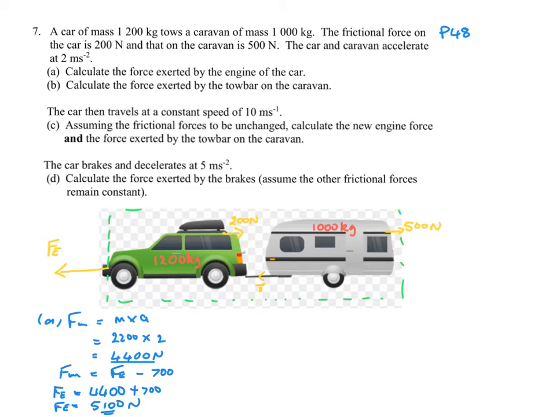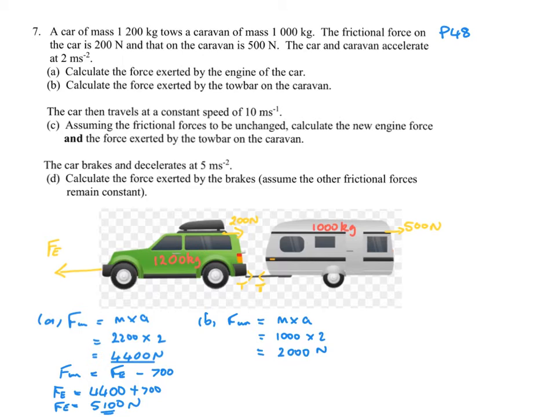Remember, the car exerts a force on the caravan, but you'll also have a tension force acting on the car, pulling it back the other way, because it's an action-reaction force. But we're just going to work out the tension force that's required to pull the caravan along. We know its acceleration, we know its mass, and we also know the other frictional force that's acting on it. So we'll go through the working for part B.